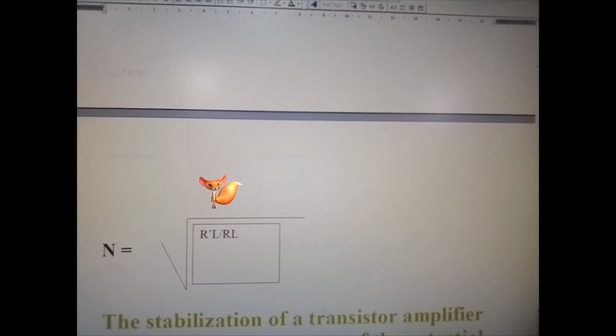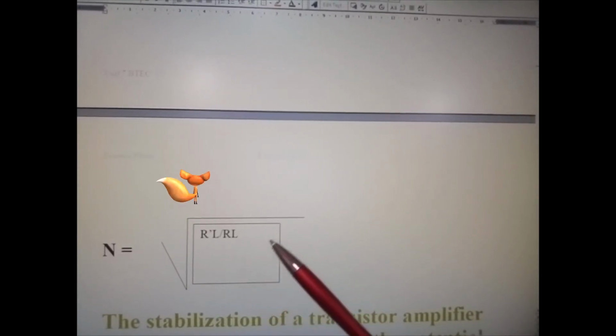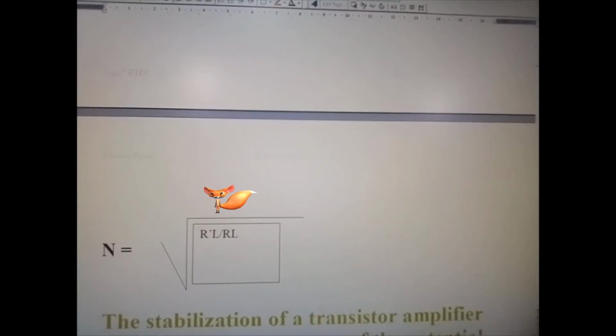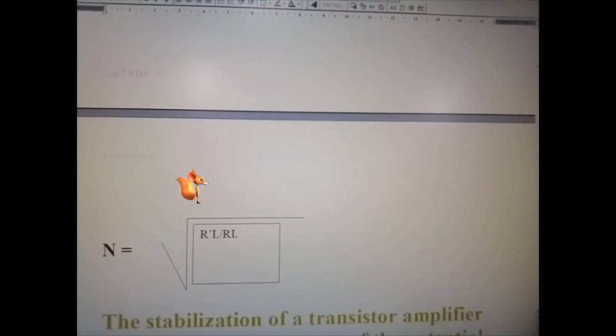And here we're looking at N equals the square root of R dash L over RL, of course. And that will give you the number of turns you need for your transformer.